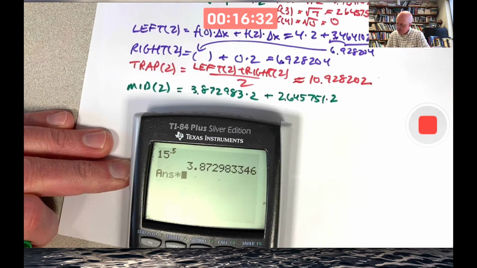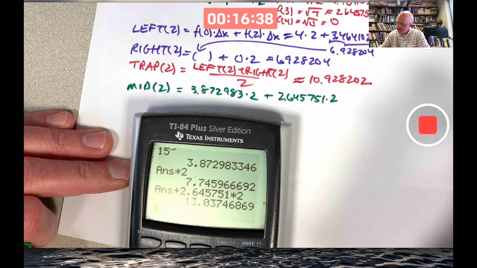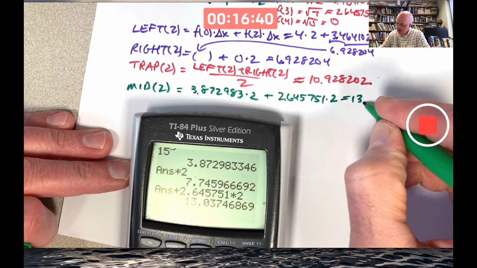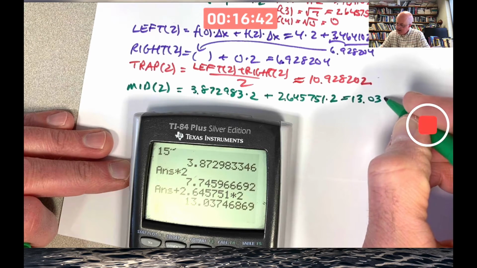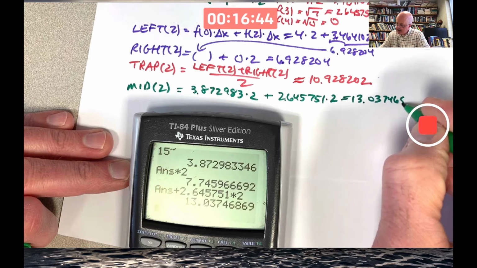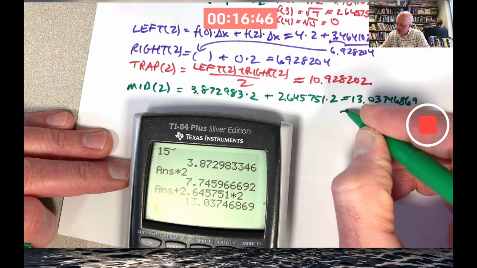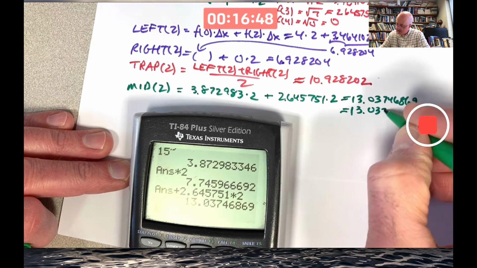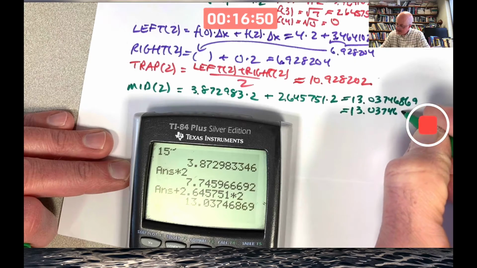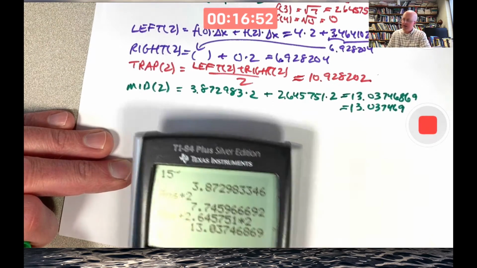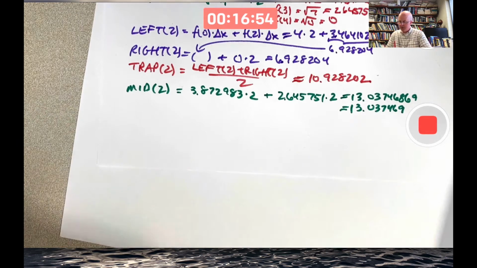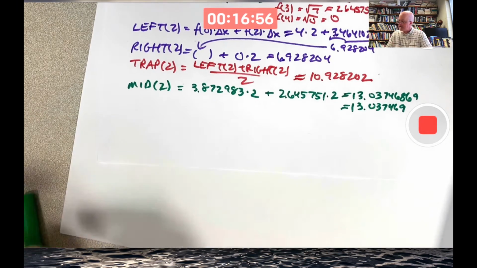This times 2 and then plus 2.645751 times 2. Looks like it's about 13.03746869. Okay, I'll round that to 13.037469.